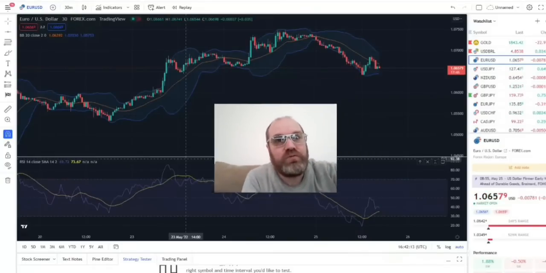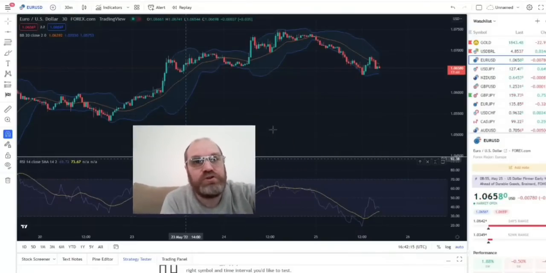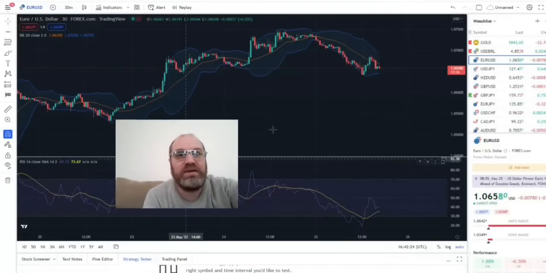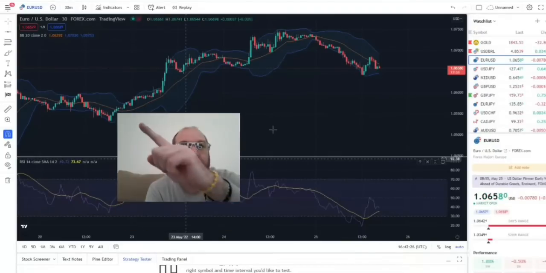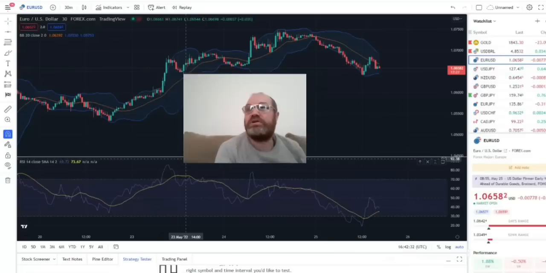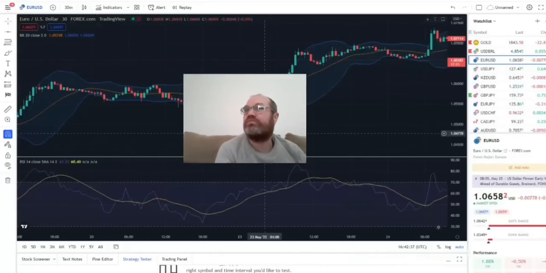So first of all, let's take the first option. It's a very good indication when the RSI crosses the middle line, and you can see that that happened also with the Bollinger Band. Then when that happens, let's zoom in a little in that area.